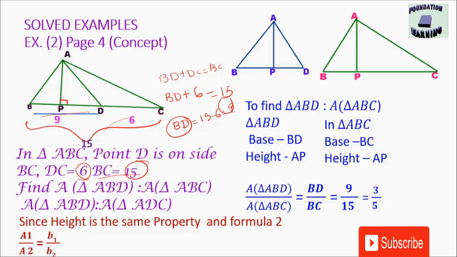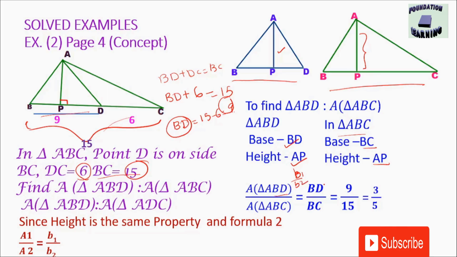Now we are going to find the ratio ABD upon ABC. In ABD the base is BD, and the height is AP. In triangle ABC, the base is BC and the height is AP. I have taken AP as the common height. Now, what is the formula? B1 upon B2.